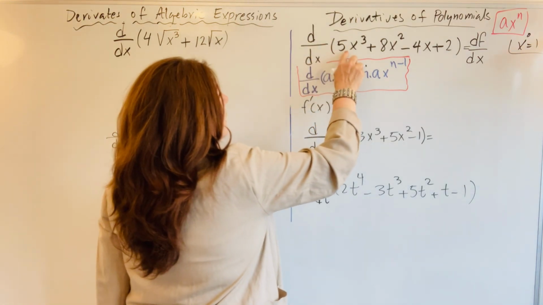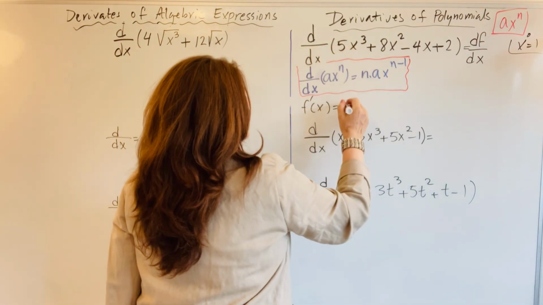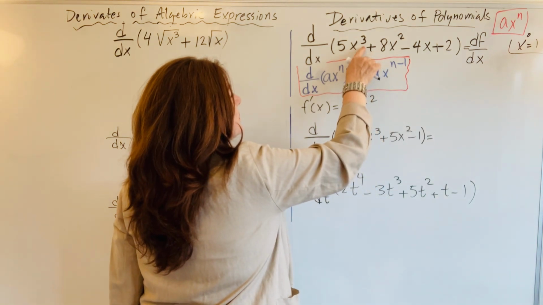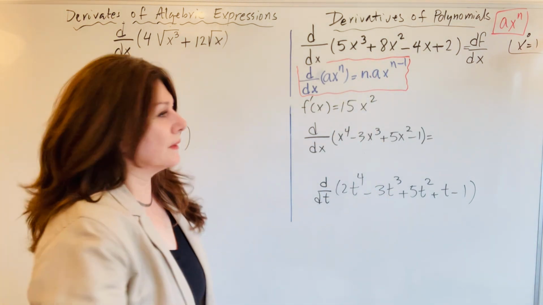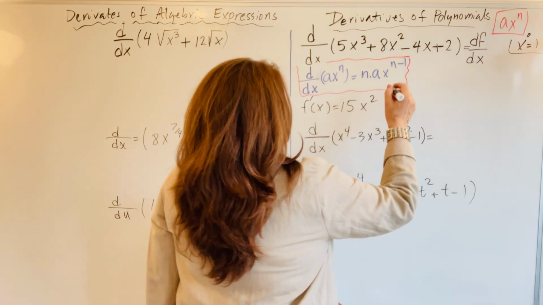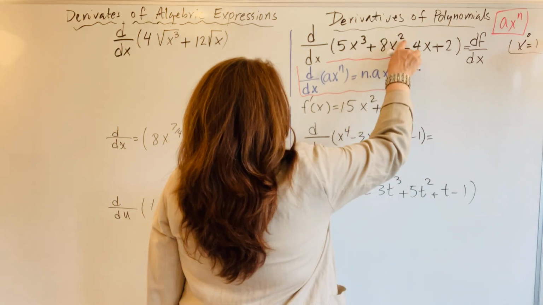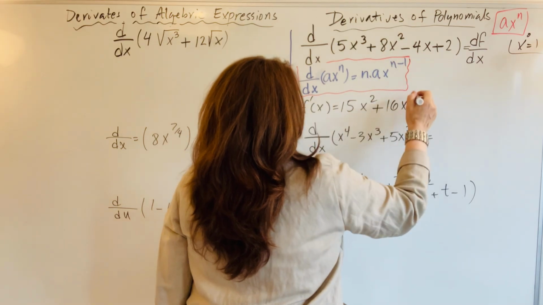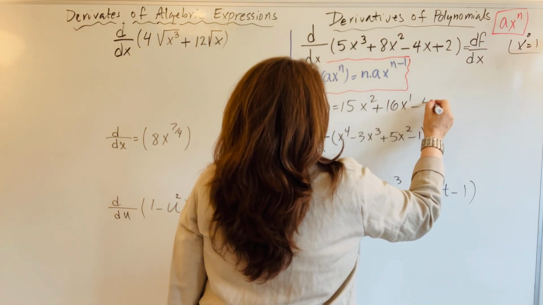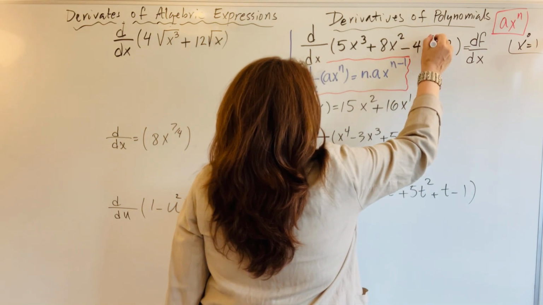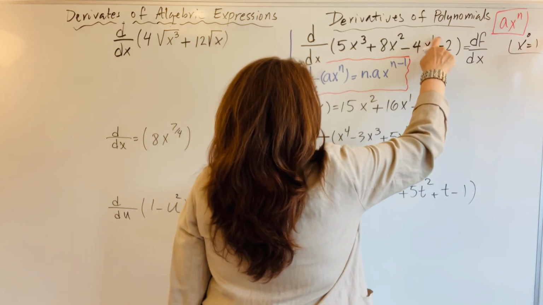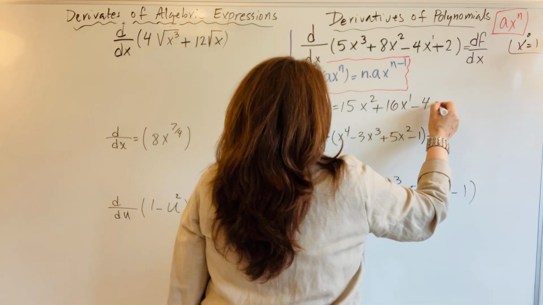How about this? 3 times 5, 15, x to the second, because 3 minus 1 is 2. Plus 2 times 8, 16, x to the 1. Minus 1 times 4 gets negative 4, and 1 minus 1 gets 0.